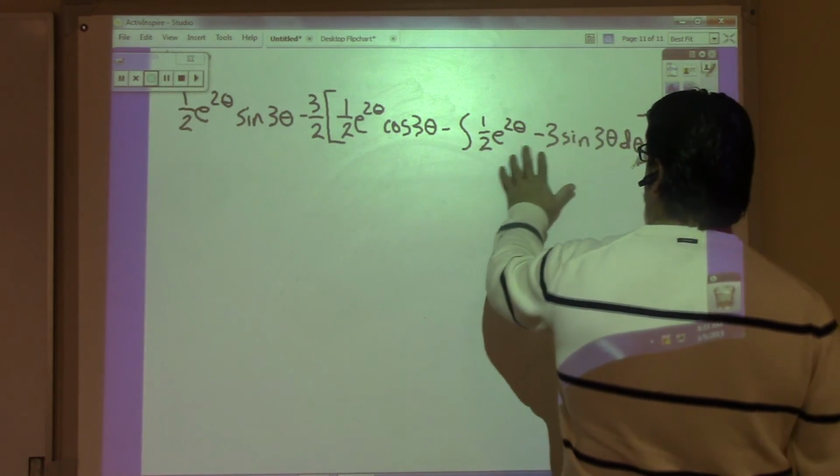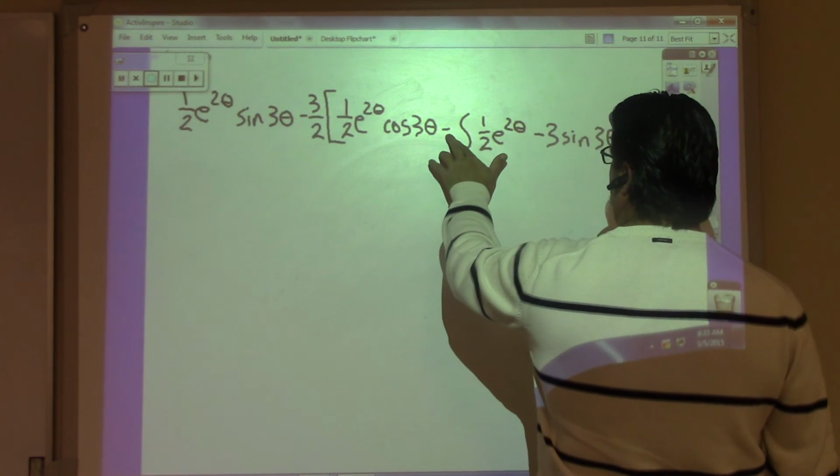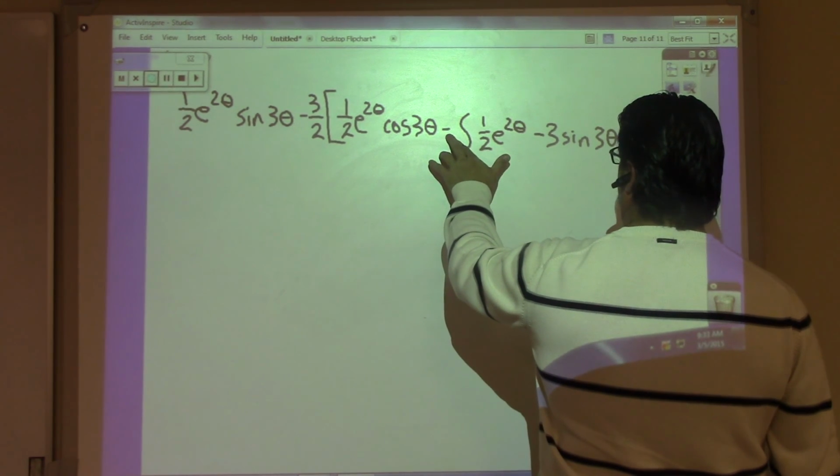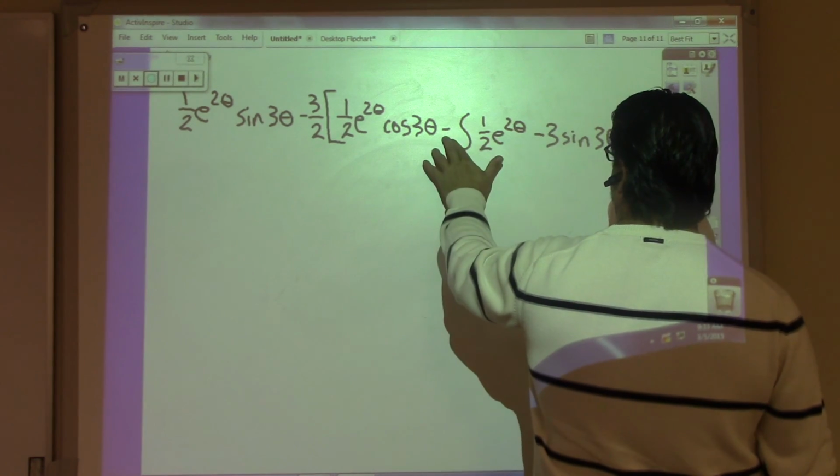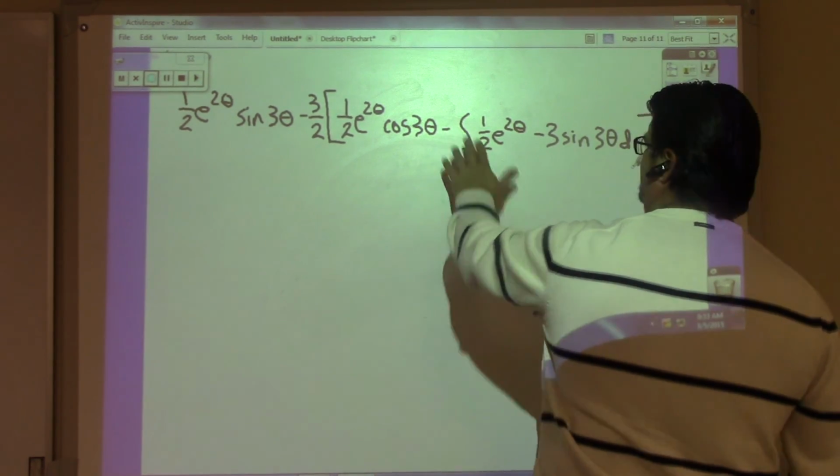This negative 3/2 can come out right here, correct? And that would make that a positive 3/2.